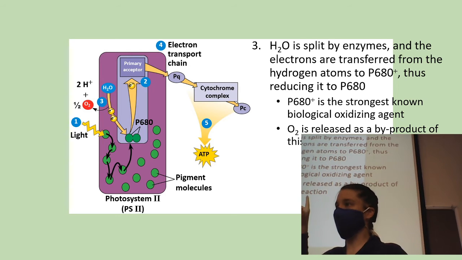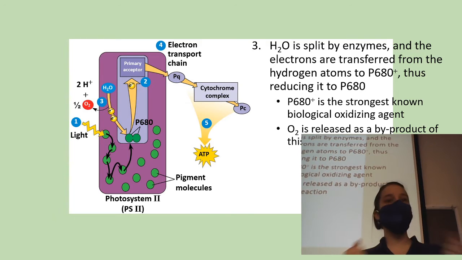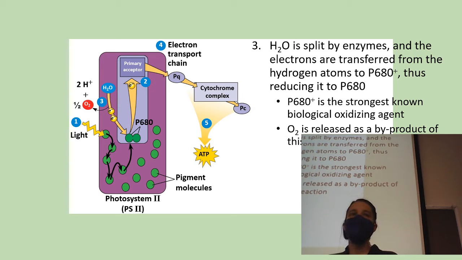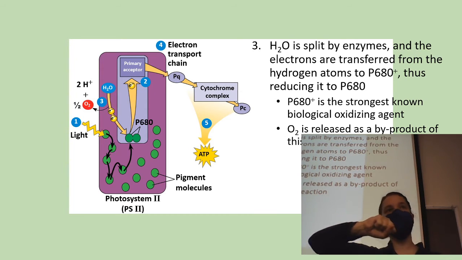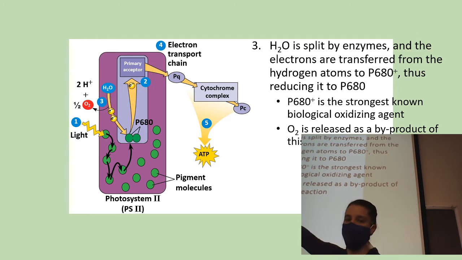And it sees that there's water nearby. And it says, you know what? Tough beans, bring water, and it breaks water apart. Well, it's water split by enzymes, but water split apart. Those electrons get transferred back there.